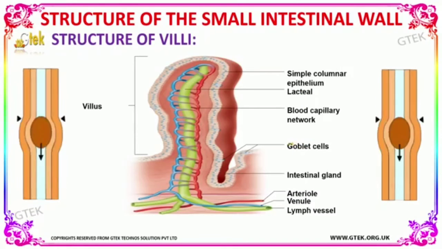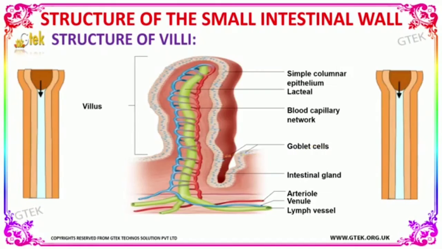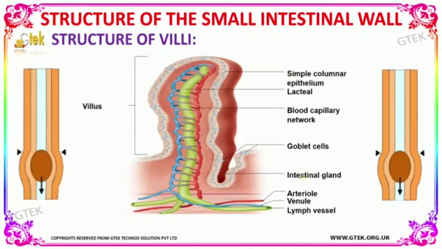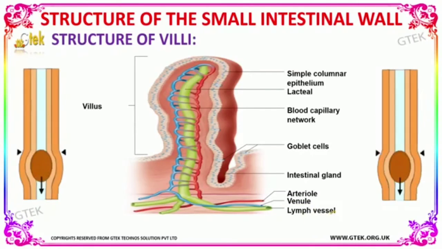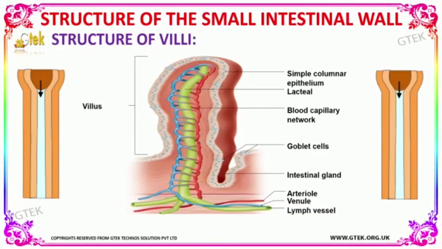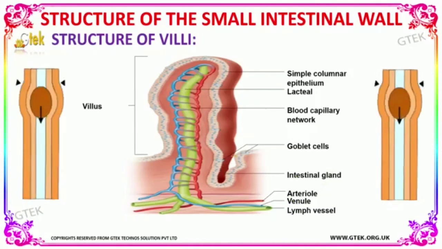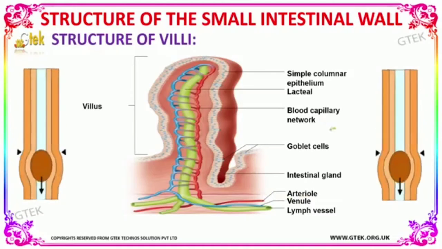In your epithelium you can find the goblet cells. Over here you can see your goblet cells. And your capillaries have the arteriole, the venule and lymph vessel, which is present in your villus. So this shows the structure of the villus.